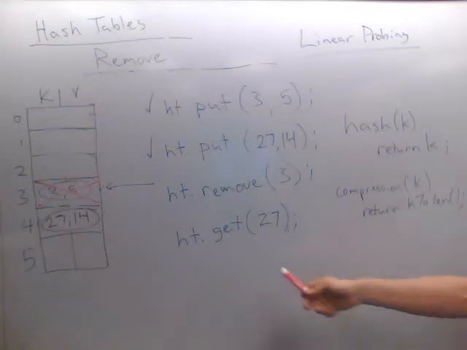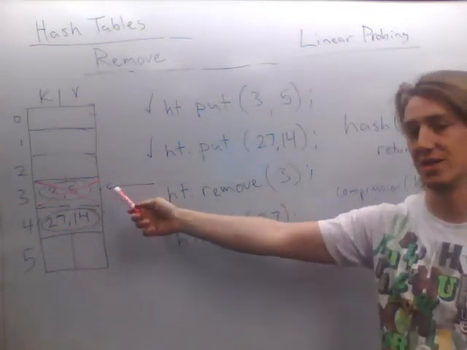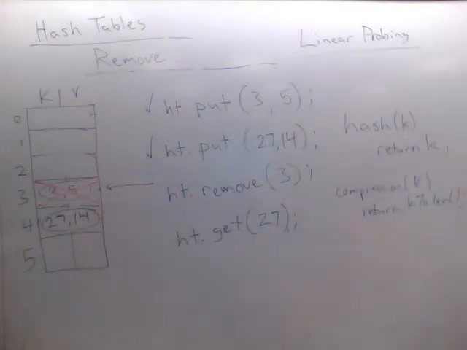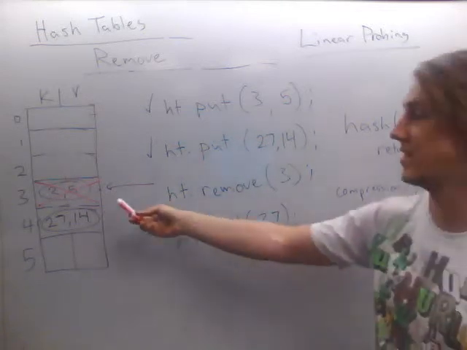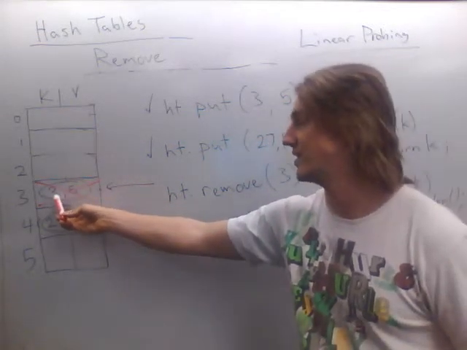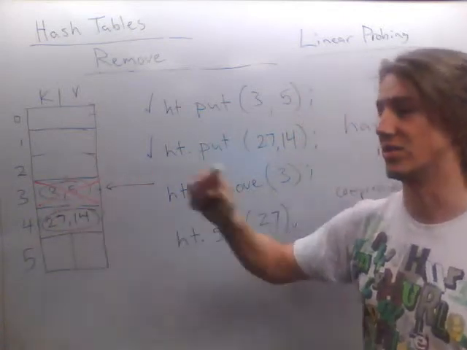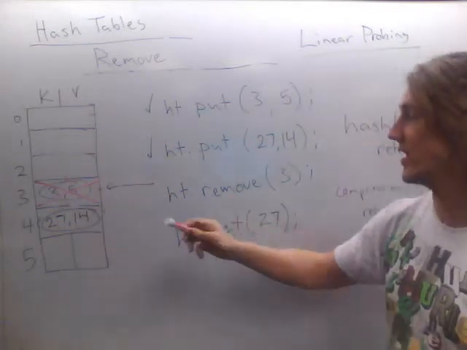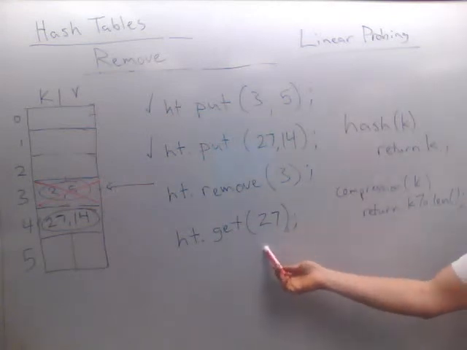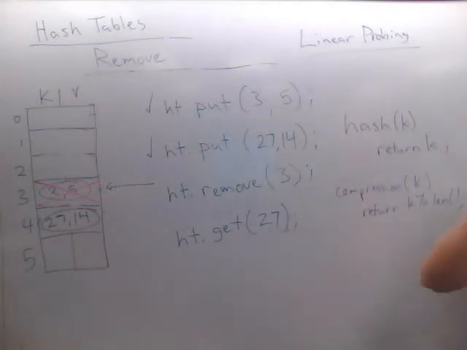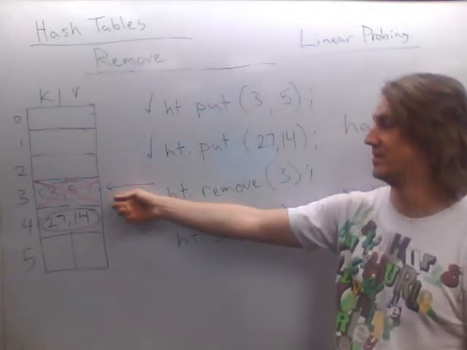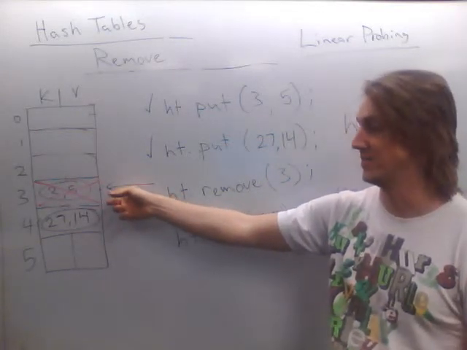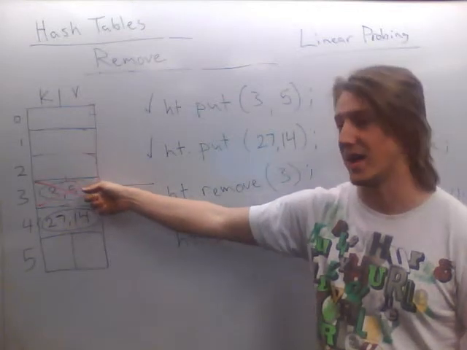So if I try to look for data 3, it's going to return null, can't find it. Even though it did find this key, it's going to return null because that's an invalid object inside that spot. So if I mark this invalid, now when I call get 27, this looks to index 3 where it expects it, and it says this is invalid.